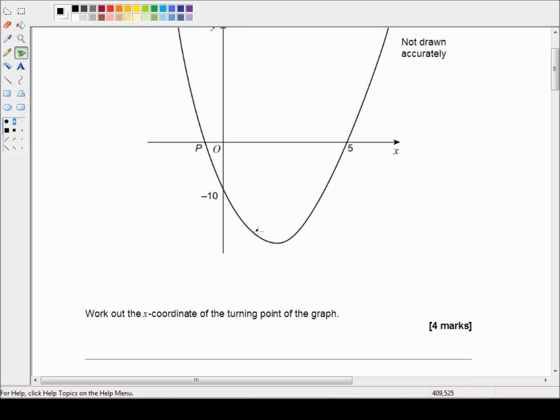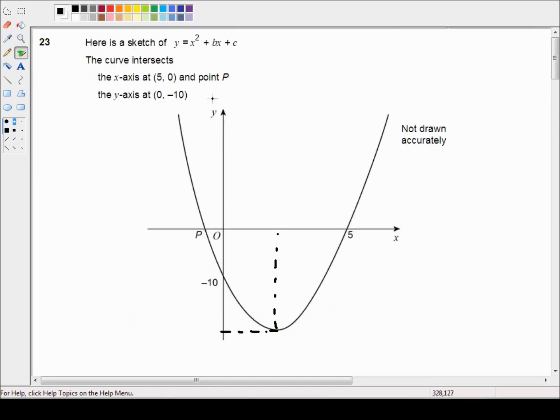So the point where it turns round is the minimum point, which is the point where the graph is at its lowest point. We need the x and y coordinates for the minimum point. Oh no, we only need the x coordinate. It's only asking for the x coordinate. We don't even care about the y coordinate.